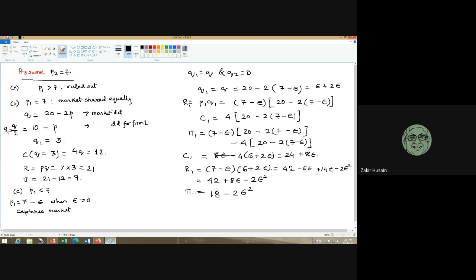So this is the profit. Now in the limiting case, this is equal to 18. So that means the profit will be 18 in the limiting case, and revenue will be 42.